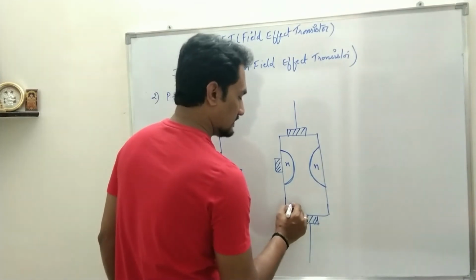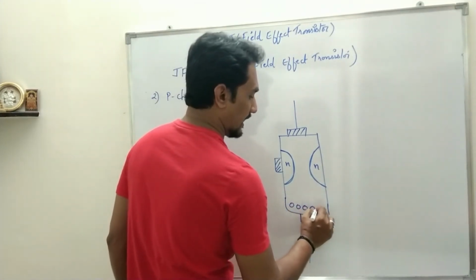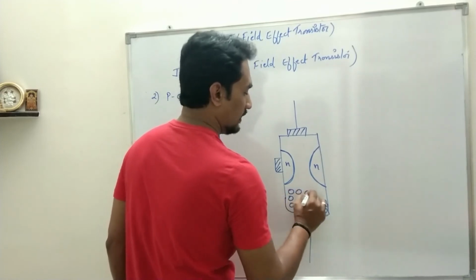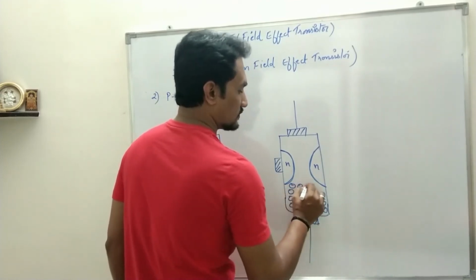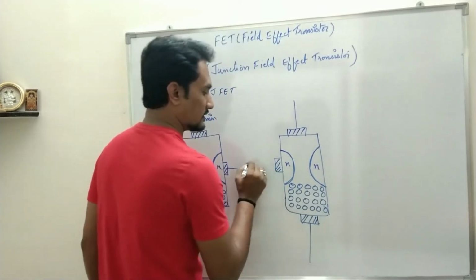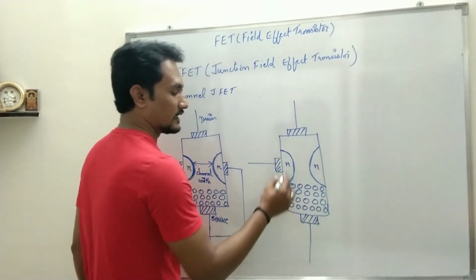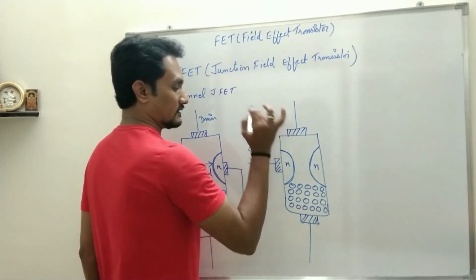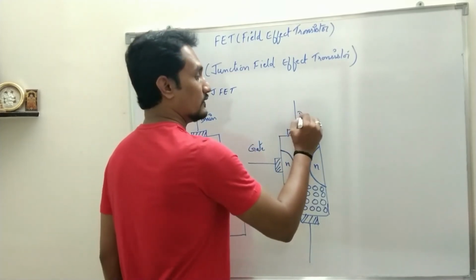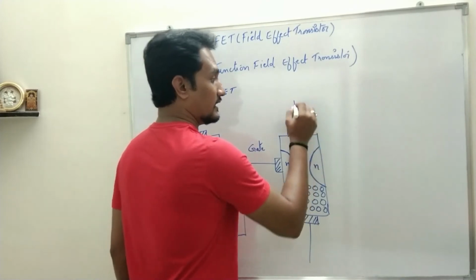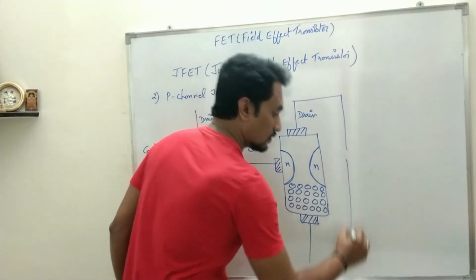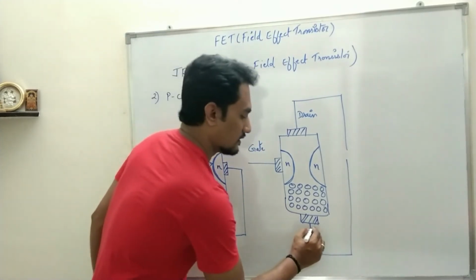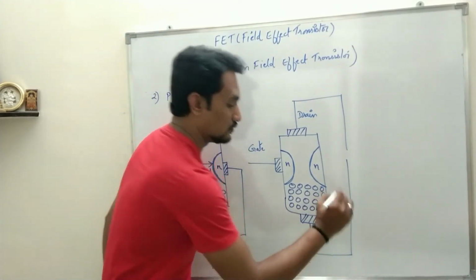And as this is a p-type semiconductor, it will have a large number of holes available to flow from source to drain. The common terminal taken out of these two PN junctions is called the gate. Initially we will apply a potential between drain and source in such a way that current flows from source to drain.